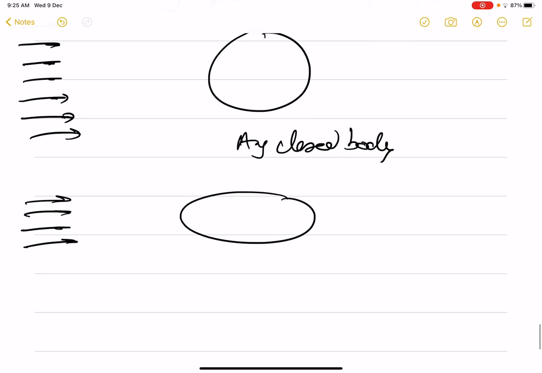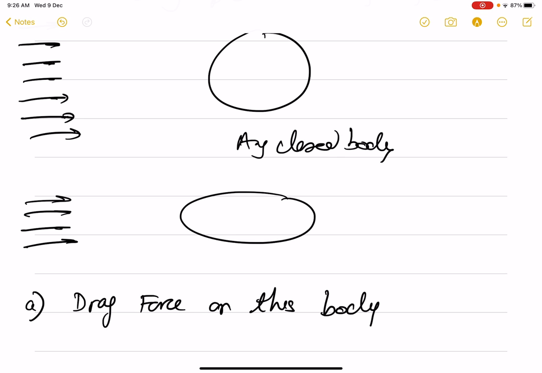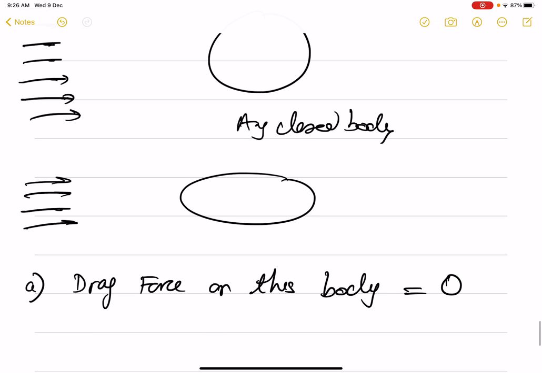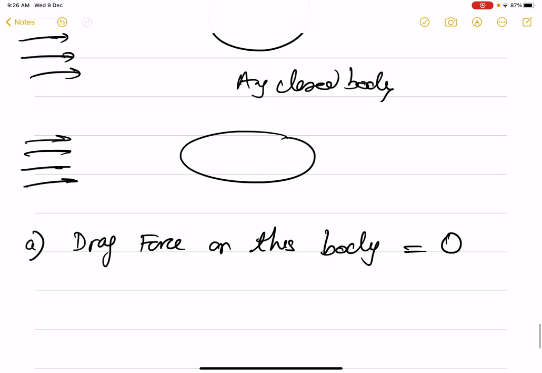So what the first Blasius theorem says is that the drag force on this body is equal to 0. This can be proved. For inviscid irrotational flows, the drag force on a closed body kept in uniform flow will be 0. And the second one is the lift force.